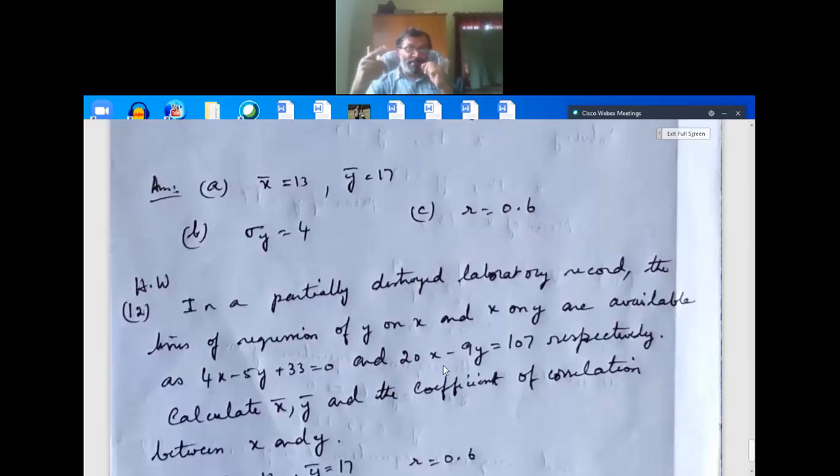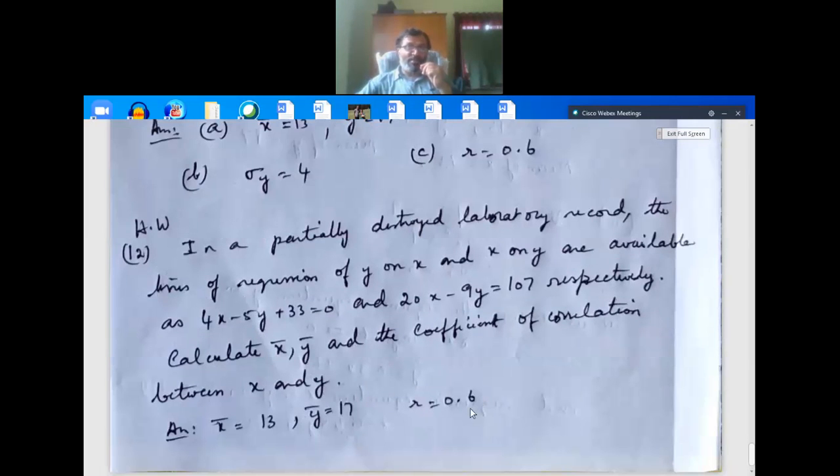Once you get byx and bxy, r equals plus or minus square root of byx into bxy. You get the value plus or minus 0.6. But since both bxy and byx are positive, r will also be positive. So since r is positive, we get r is 0.6. This is the method to calculate this.